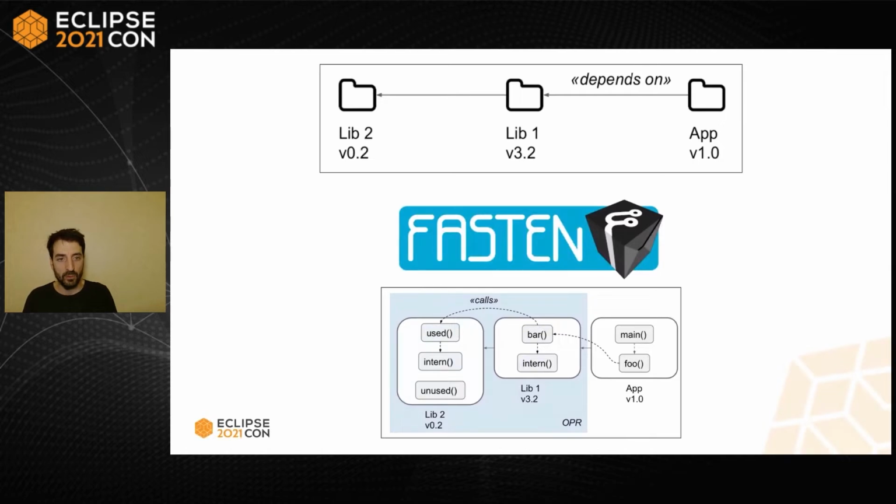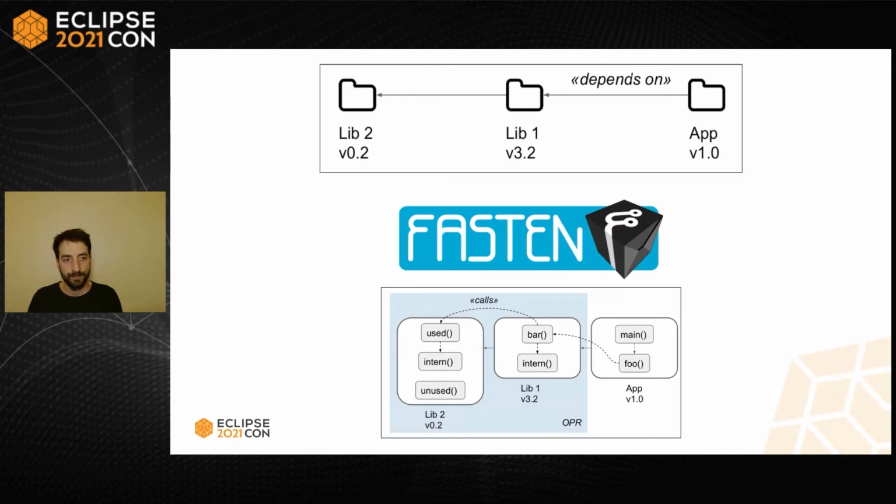We actually build a call graph of the application and all its dependencies and enrich the call graph with some extra information like what the known vulnerabilities are, but we put this information at the function level. So it allows us to be more accurate when we report whether your code is impacted or not by a security vulnerability.